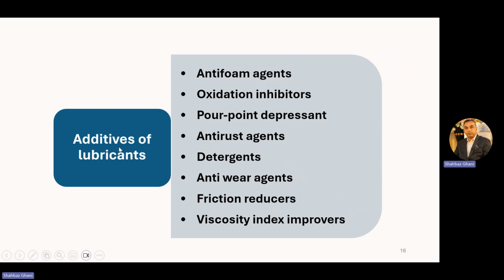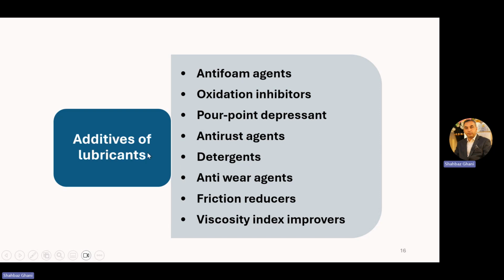The additives of the lubricant must include an anti-foam agent, so there should be no foaming in the lubricating oil. Oxidation inhibitors, pour point depressant, anti-rust agent, detergents, anti-wear agents, friction reducers, viscosity index improver.